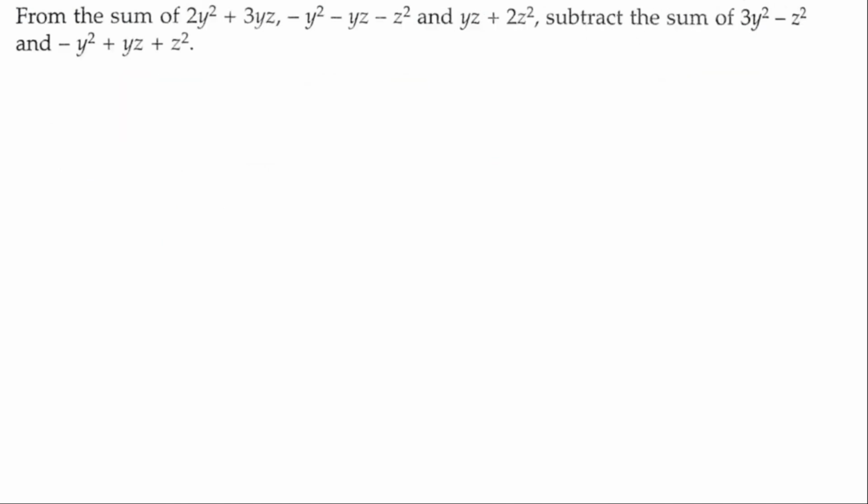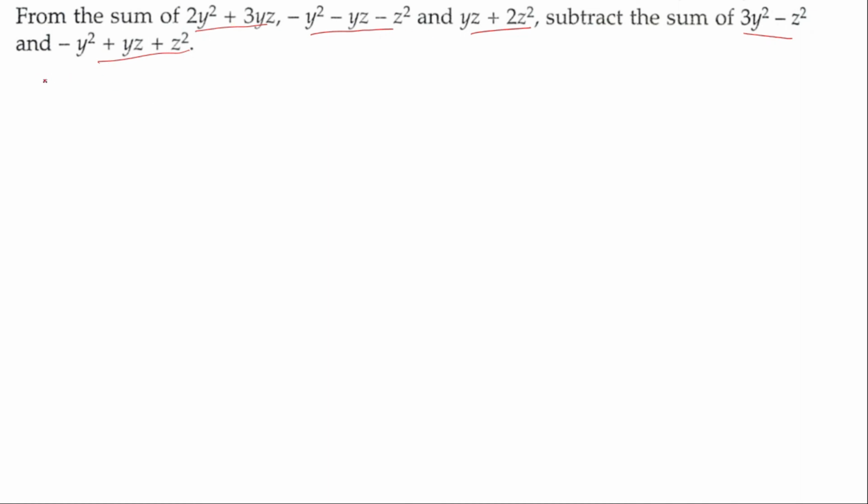In this one, from the sum of these three terms, we have to subtract the sum of these two terms. So first we will find the sum of these three terms.